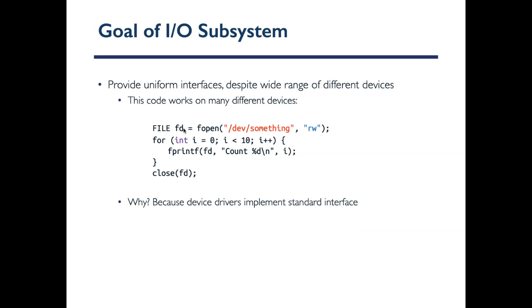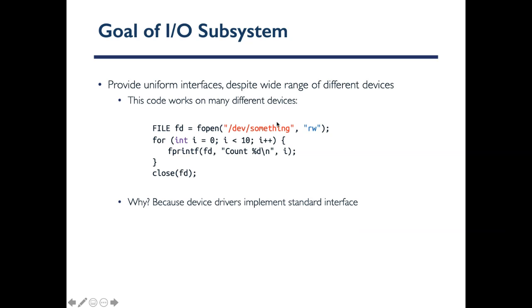If you're familiar with the Unix system, if you write code where you open something in your dev folder, and you start printing to it or reading from it, it usually works, no matter what this something is.